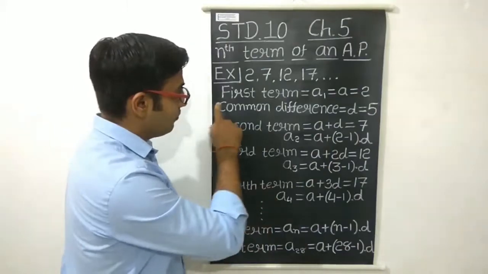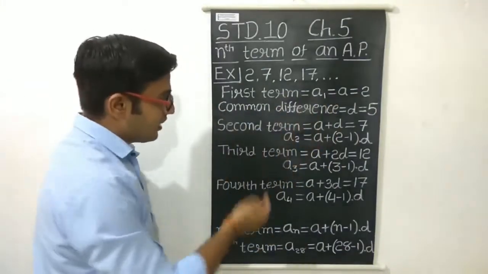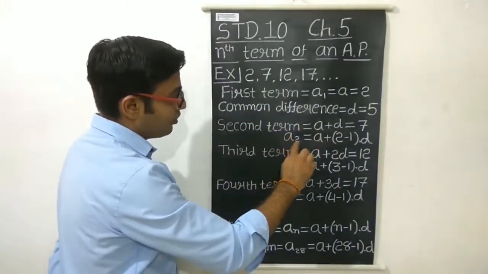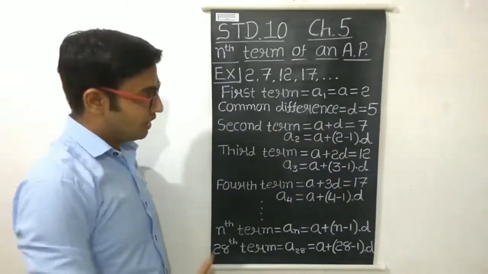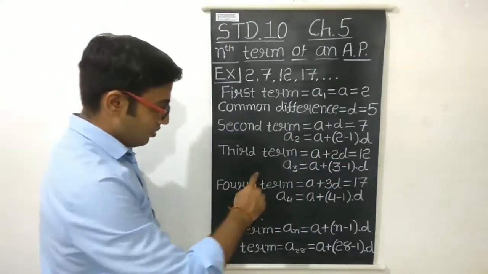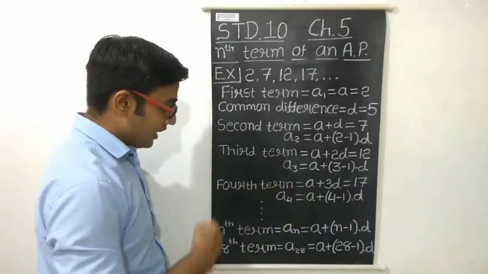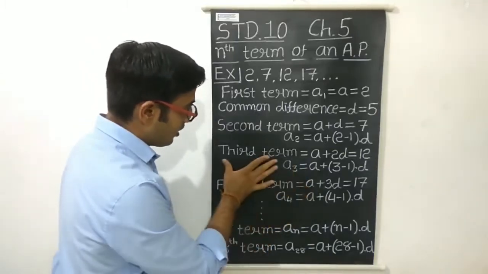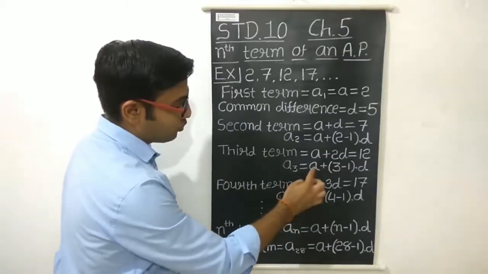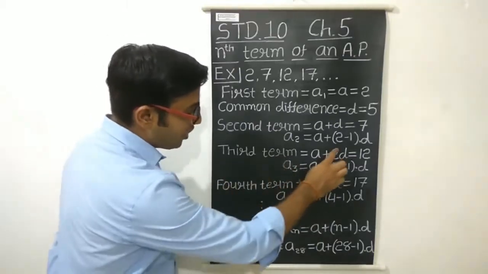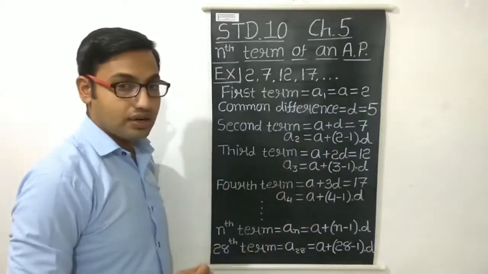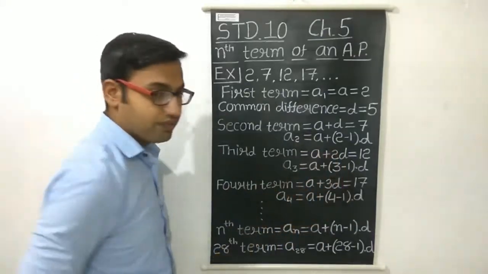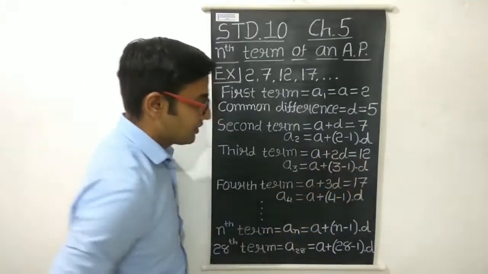So our first term is A, and the second term A2 is equal to A plus 2 minus 1 into D. Now let's see the third term. Can we write A3, the third term, as A plus 3 minus 1 into D, because 3 minus 1 is 2 and D stays as it is?